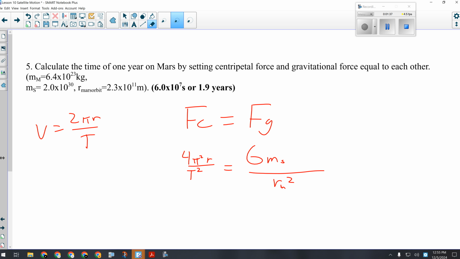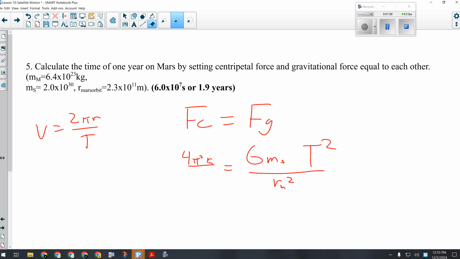Now I want to solve for T. So now I've got to do the real nuts and bolts algebra of this problem. I'm going to move T squared over to this side by multiplying both sides by it. Then I'm going to move the radius of Mars's orbit over here. What do I get when I multiply r by r squared?